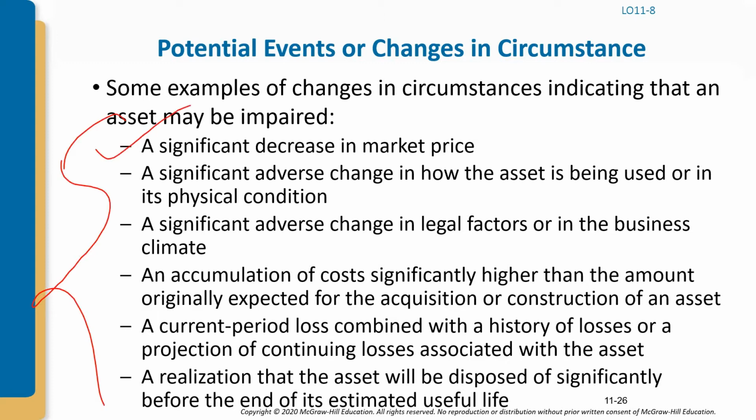Say, for example, a significant decrease in market price. Another example, a significant adverse change in legal factors or in business climate. Or, a current period loss combined with a history of losses or the projection of continuing losses associated with the asset.